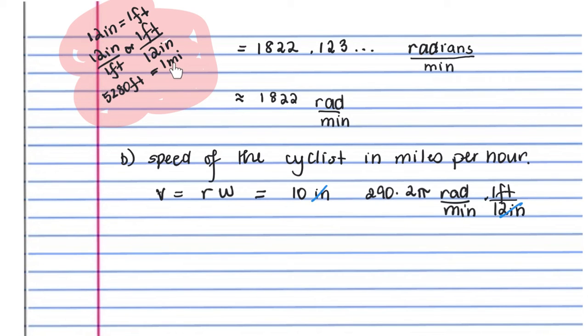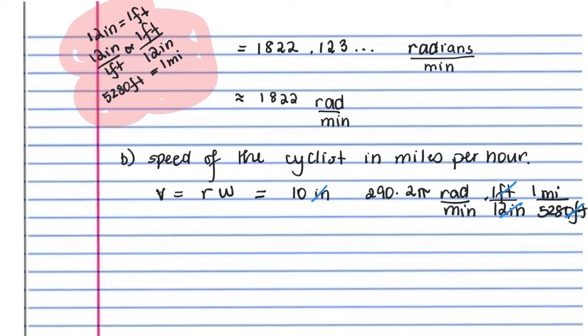So I'm going to do 1 mile per 5,280 feet. Also, you'll see that the feet in the numerator will cancel with the feet in the denominator. That's the second reason why I want to use the miles per feet. All right, so I'll go ahead and cancel my feet.